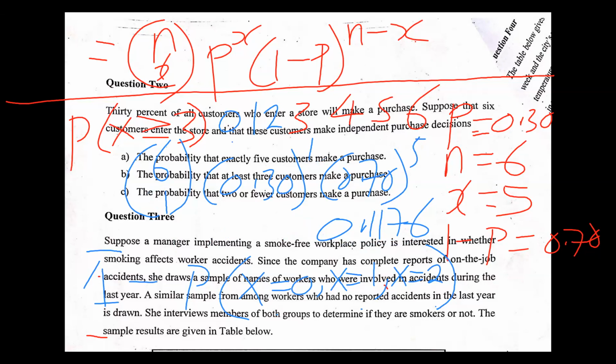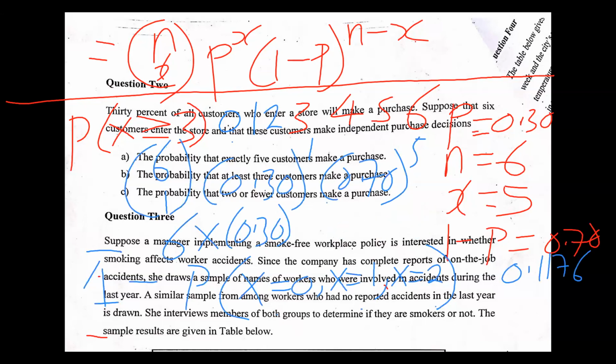On the first one, 6 combination 1 is 6. 6 times 0.30 to the power 1. Then what is 0.70 to the power 5?